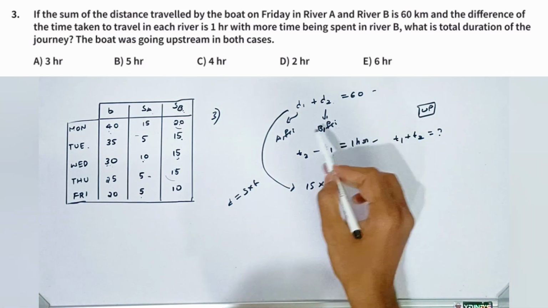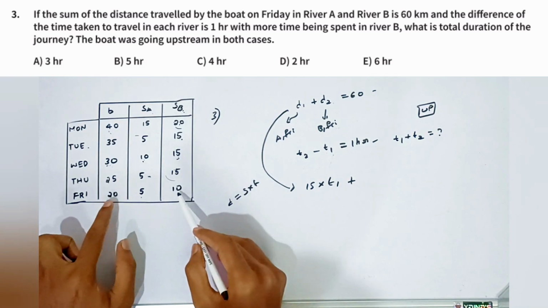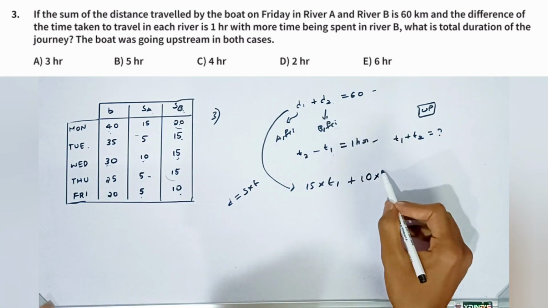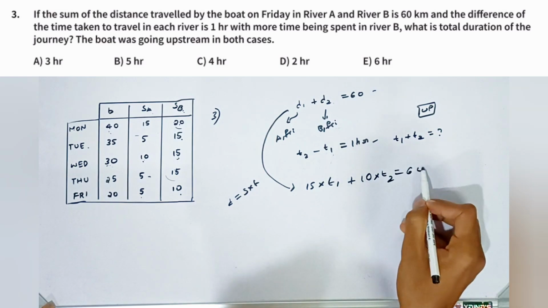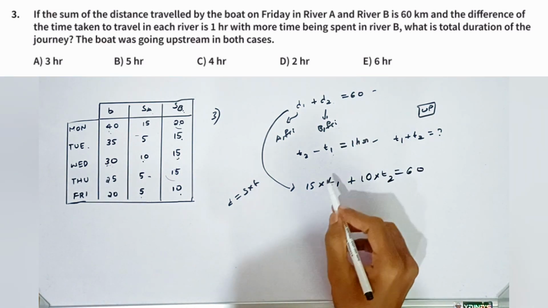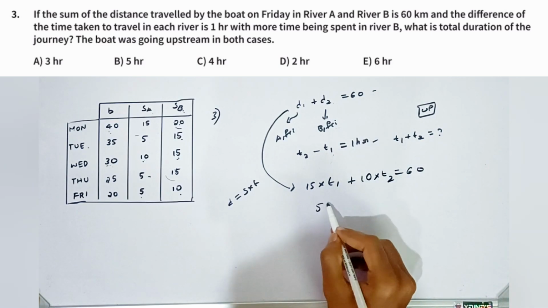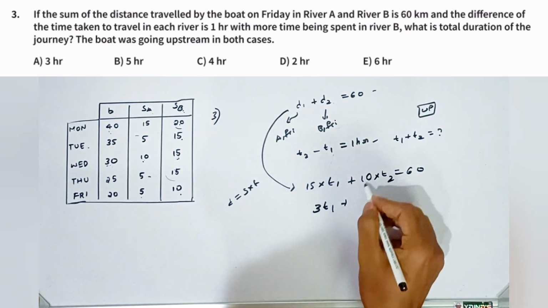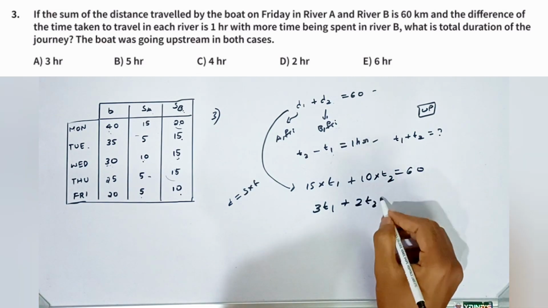But D2 is nothing but B Friday. So B Friday 10, 20 minus 10 is nothing but 10. The speed is 10 into T2 is equal to 60. Okay, and I'm cancelling 5 in each term. So it is nothing but 3 T1, 2 T2, equal to 12.